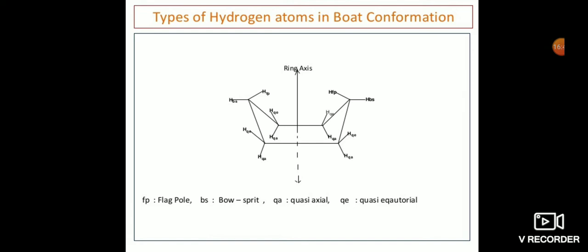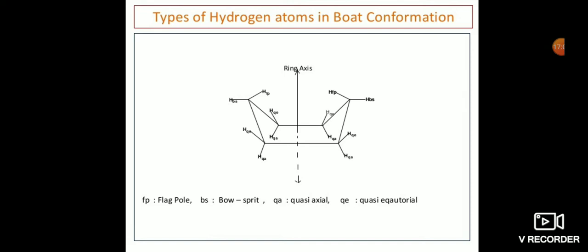So here you can see the ring axis, and all the names are given very clearly. The bonds projecting inside the boat conformation, the above 2 bonds, are flagpole type hydrogens.